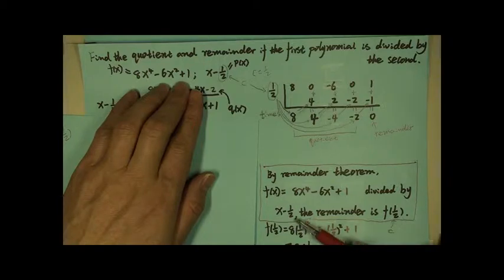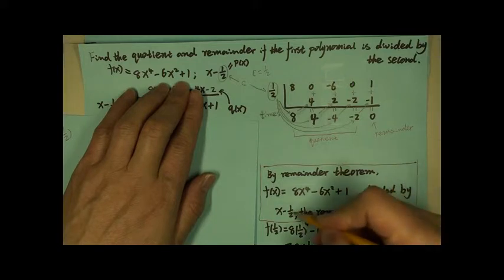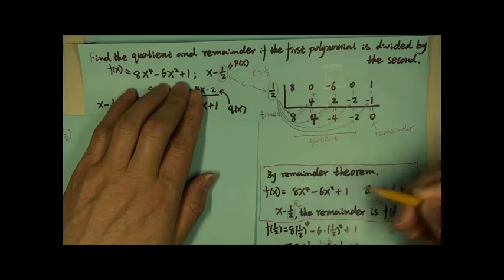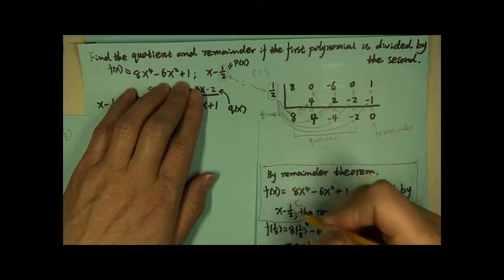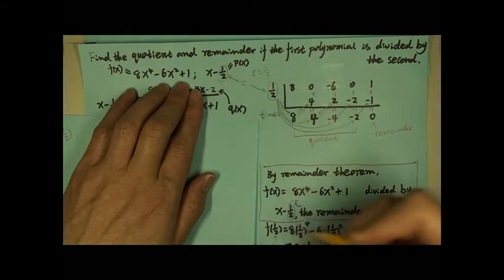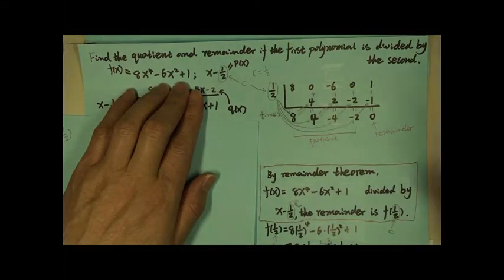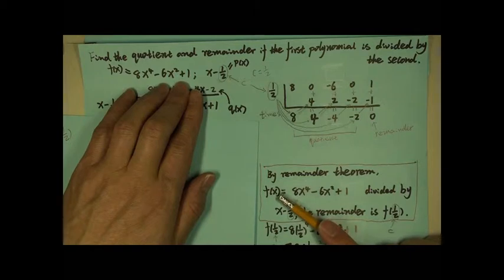If here is 3, here will be 3. If here is c, here will be c. If here is 1/2, here will be 1/2. So c is 1/2. That's our c, and here is f of c. So you plug in 1/2 here.